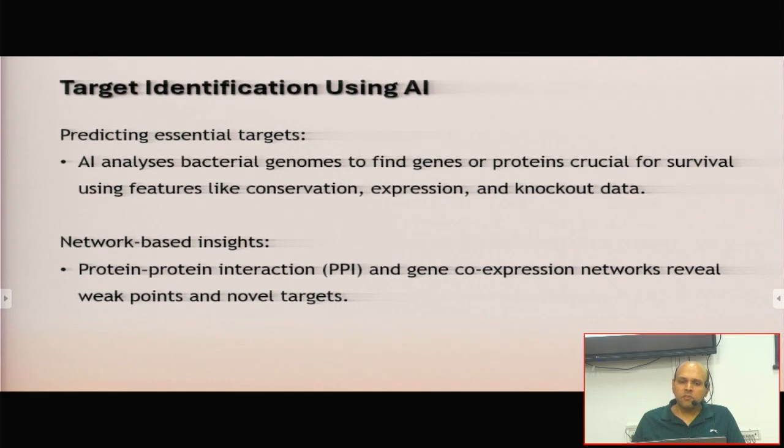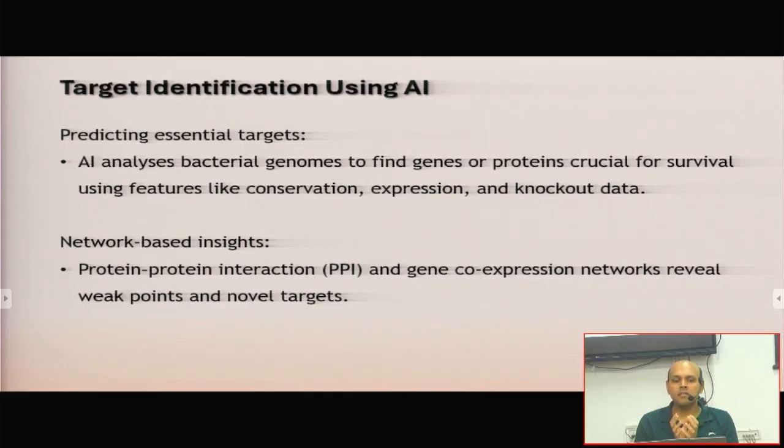So conservation, we already know. I spoke about Staphylococcus or other bacteria. If you have a strain, say ST50 of Staphylococcus, and then you have another Staphylococcus ST21, then those particular strains will have certain conserved regions.